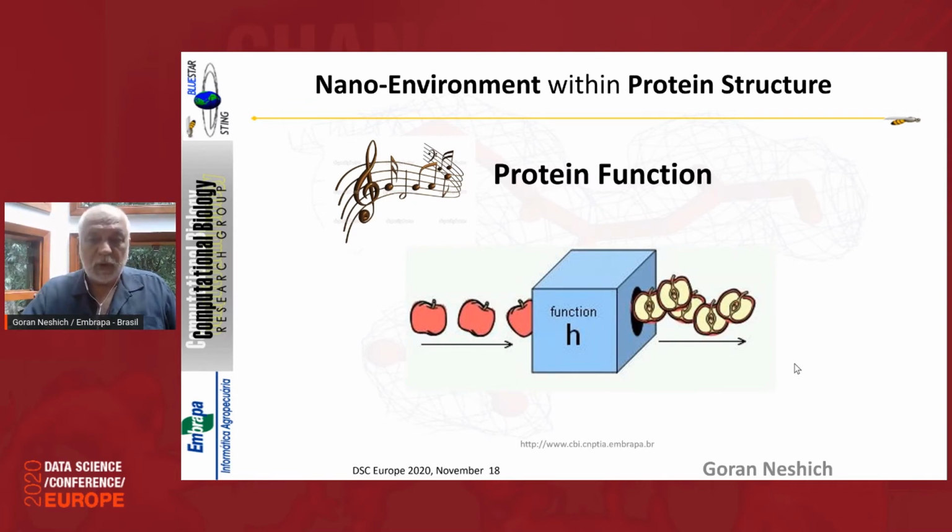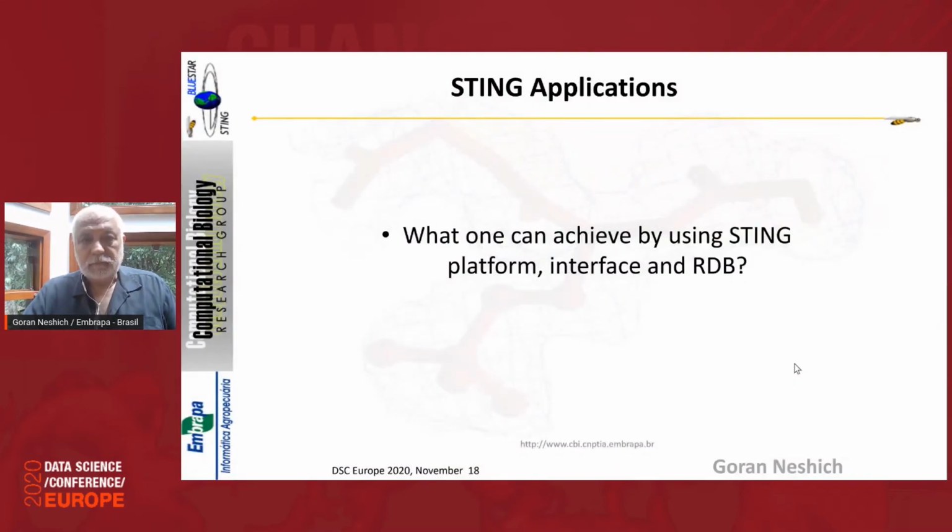And that's what we published for a number of nano-environments. So STING applications are based on what one can achieve by using the STING platform, the STING interface, and a relational database.